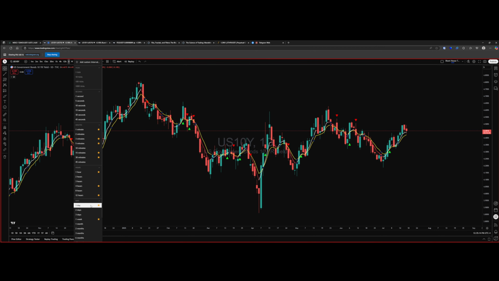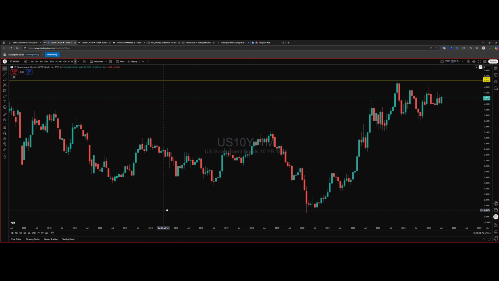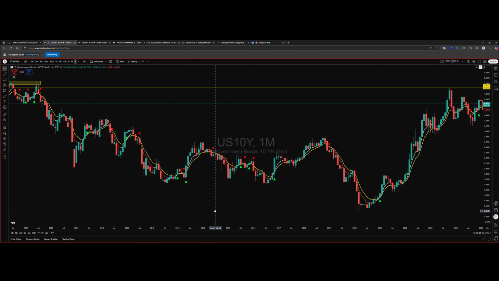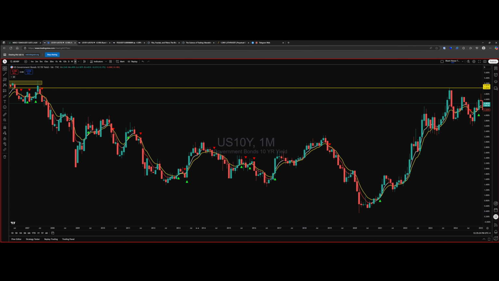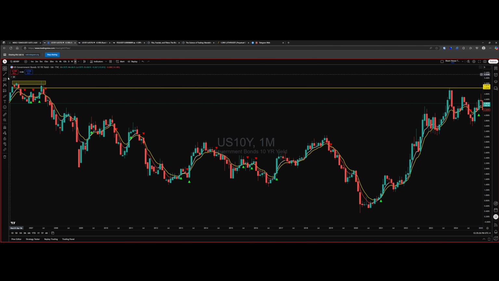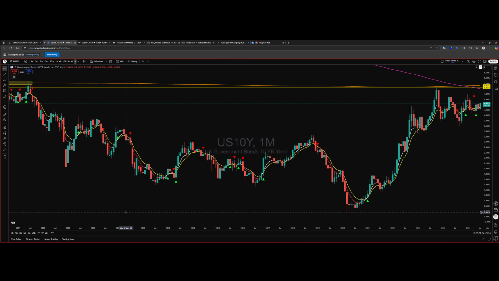Now we're going to go to a monthly chart. And this monthly chart is the 10-year treasury, the 10-year yield. So in other words, this is the thing interest rates are going to be glued to.